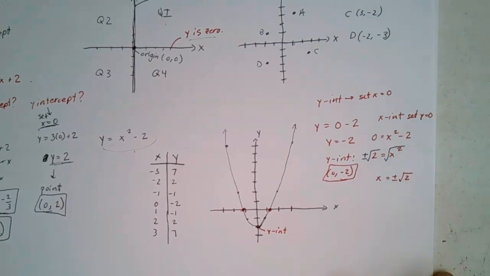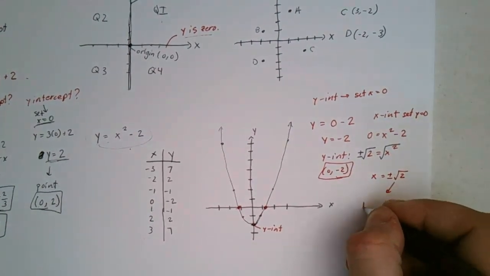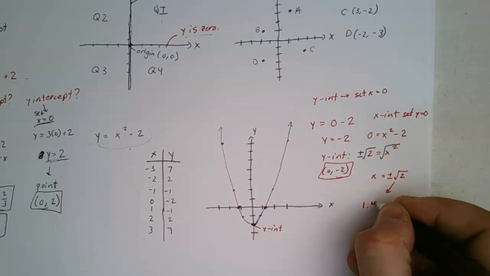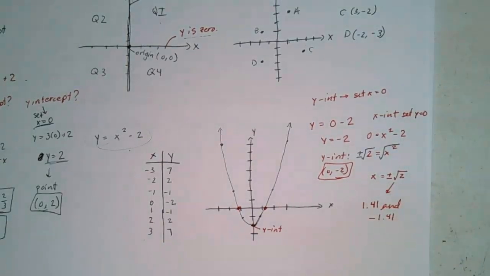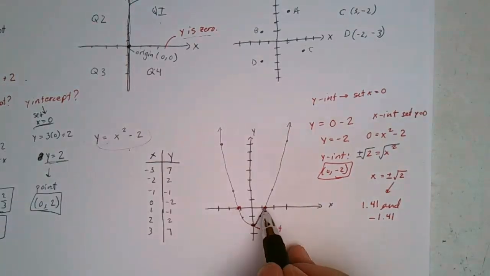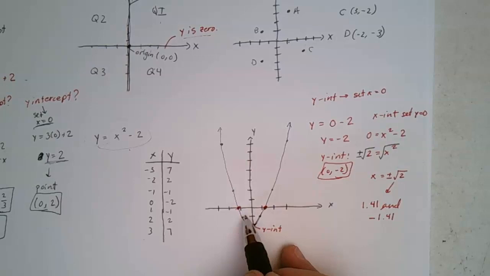Now, if you don't know the square root of 2 off the top of your head, that's about 1.41 and negative 1.41. Okay? And although I don't think my drawing is very good, it doesn't do it justice. What do you notice? That x-intercept is going to fall somewhere between 1 and 2 on the x-axis.